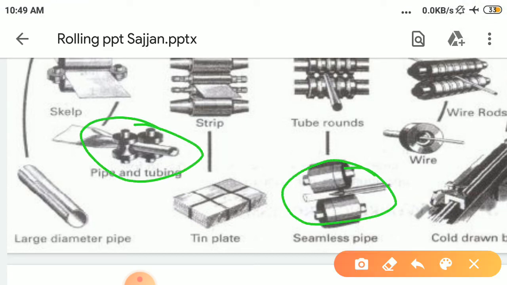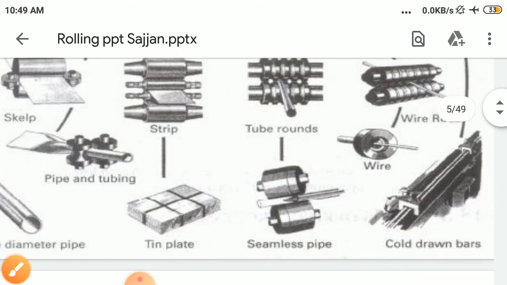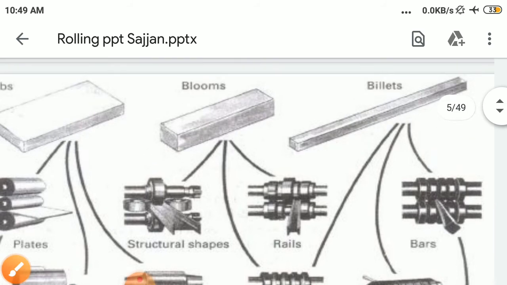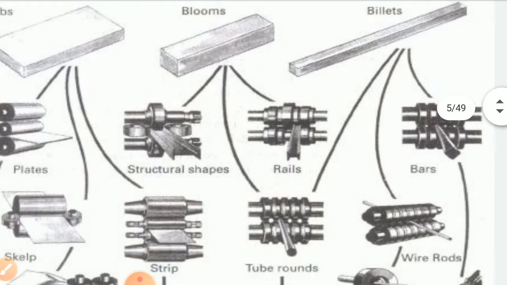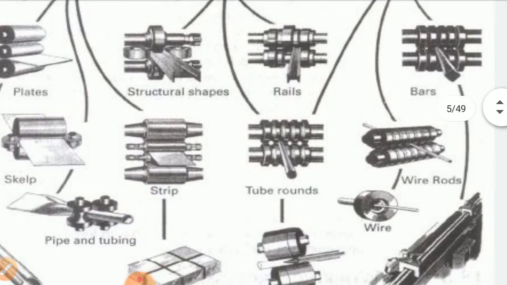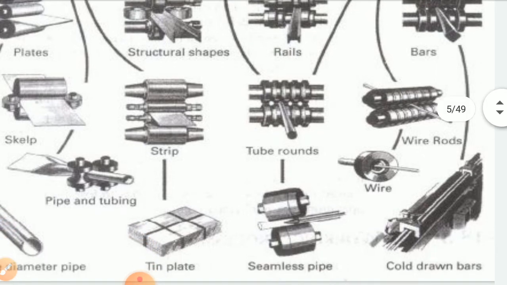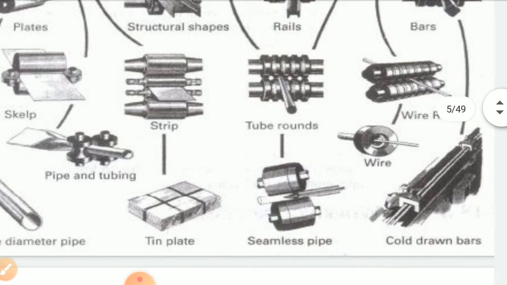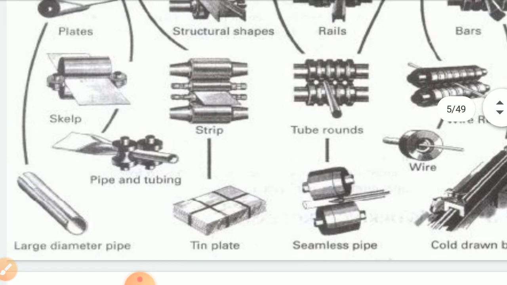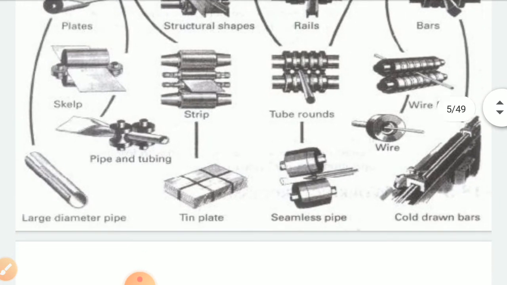We will see in detail in coming lectures. And now from billets, again from billets we can get different kind of bars or wire rods or rolls of wires. So such kind of products we can get. Now we'll see all these in detail.